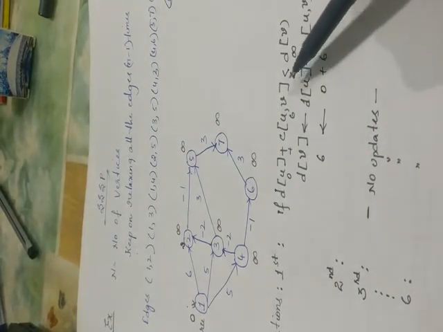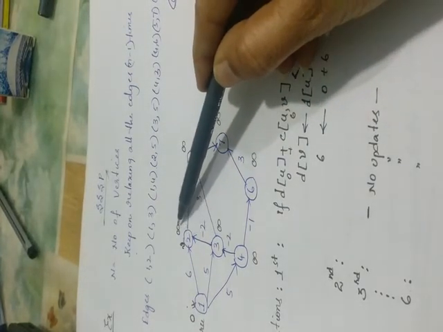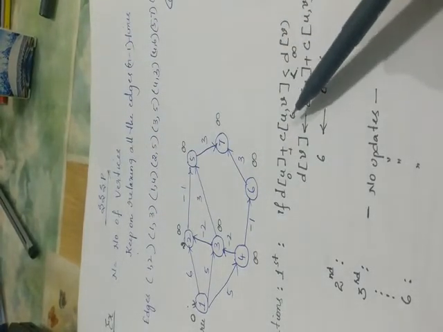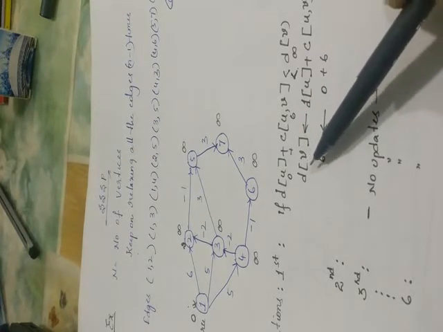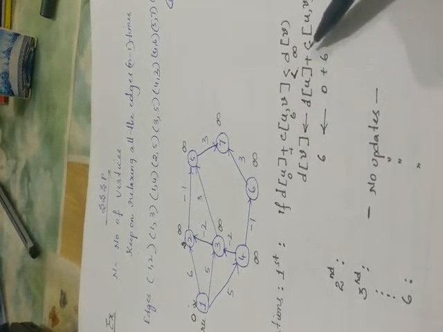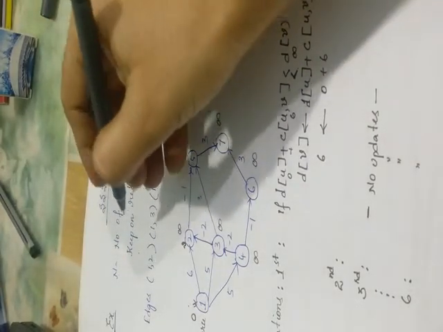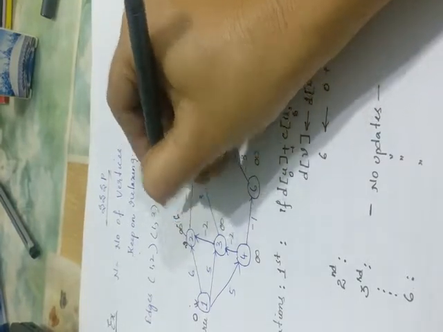Is it less than the distance of vertex v? What is the distance of vertex v? As we said initially, it is infinity. So since 6 is less than infinity, I will update my d of v as d of u plus cost of u comma v, that is 0 plus 6, which is 6. So now I'll be updating this as 6.